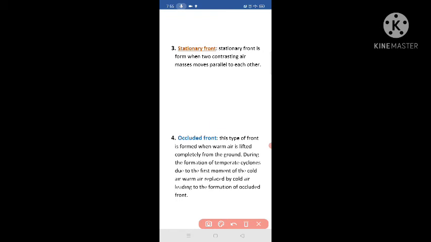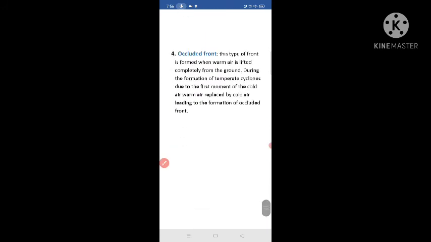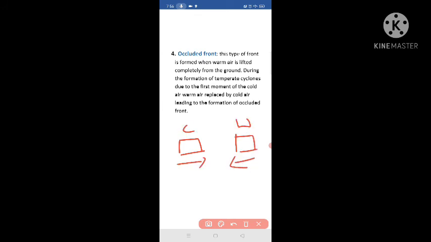And the next type is the occluded front. This type of front is formed when the warm air mass is lifted completely from the ground. Let us consider this is the cold air mass and this is the warm air mass. This is moving in this direction and this is coming in this direction.